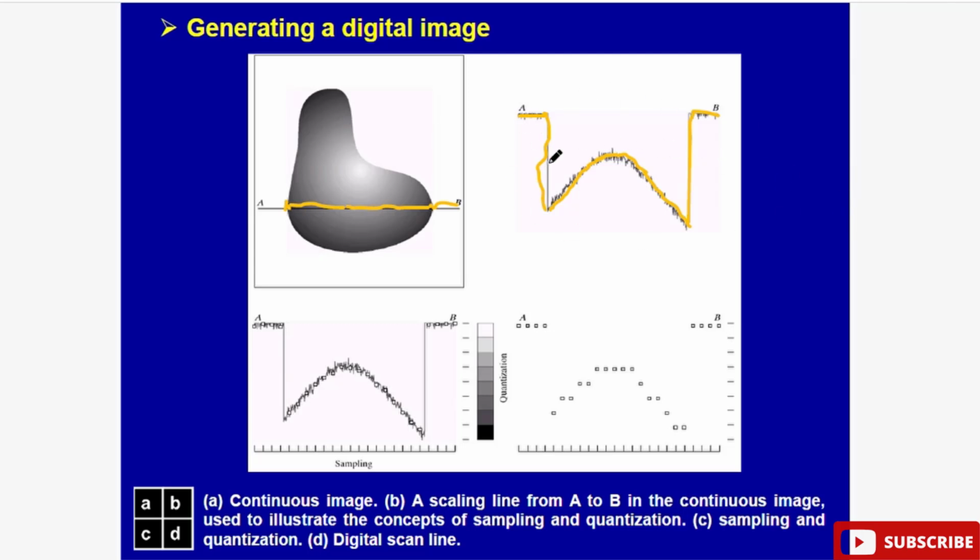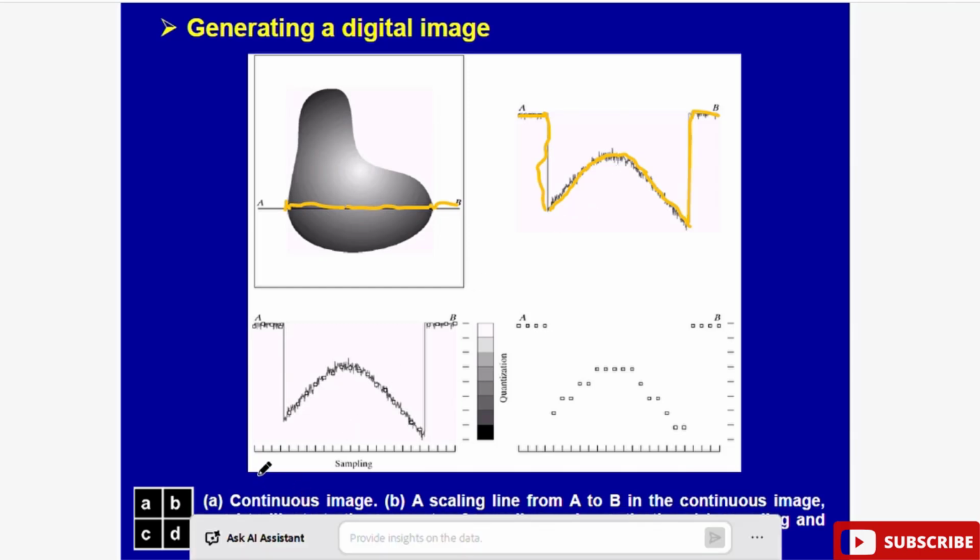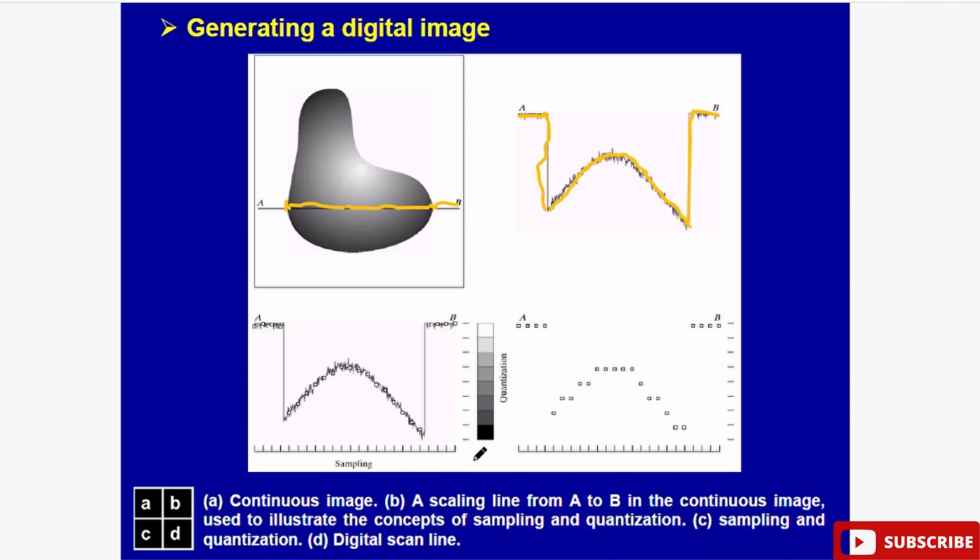Then what do you have to do? For this intensity profile, we have to do sampling and quantization. What is the meaning of sampling? Digitizing the coordinate values is called sampling. See this, here is the sampling scale. Your total profile is divided into small squares.